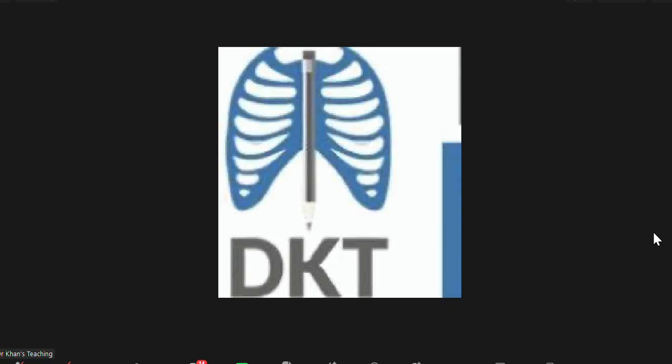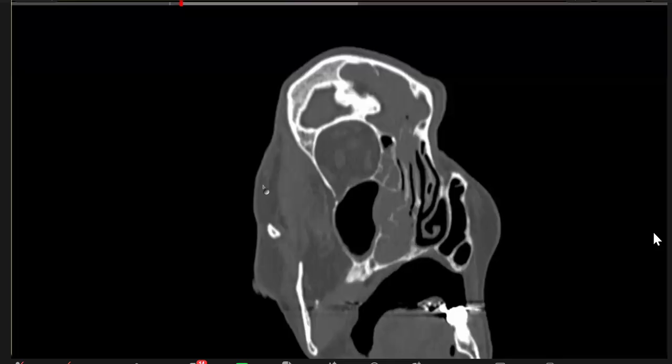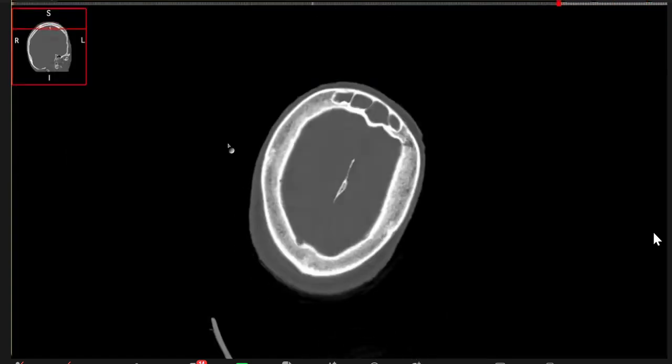If you want, I can show you the axial once again. Okay, just a second. You want to see the axial because this will not only... Yes, sir. Okay, this is the axial. Over to you.